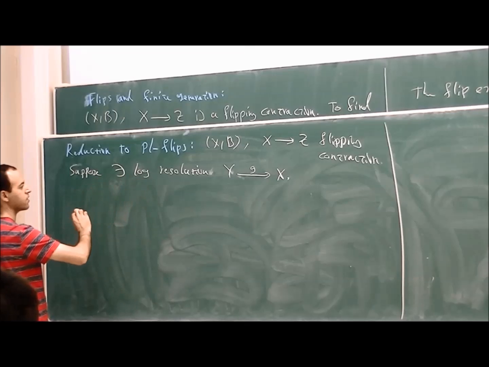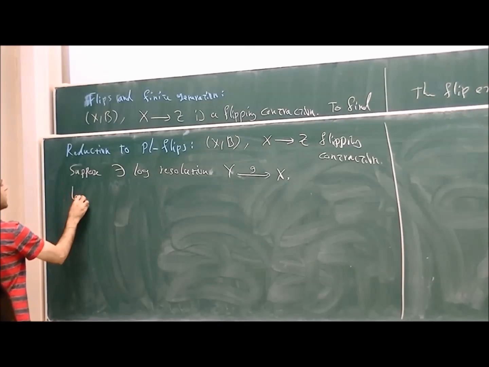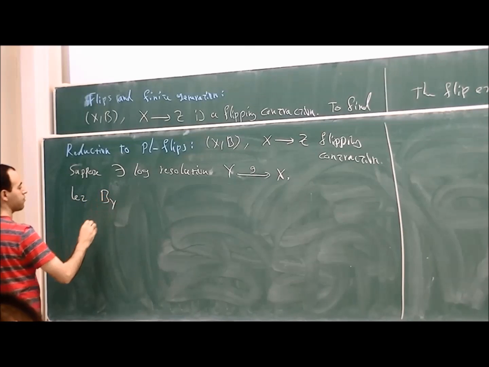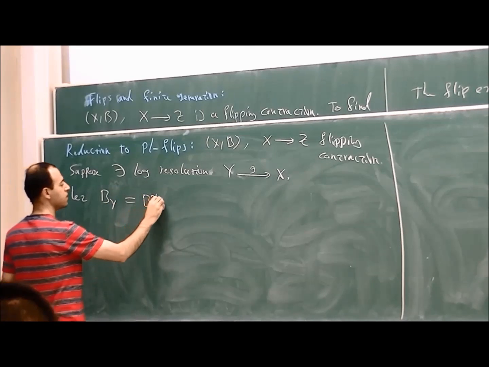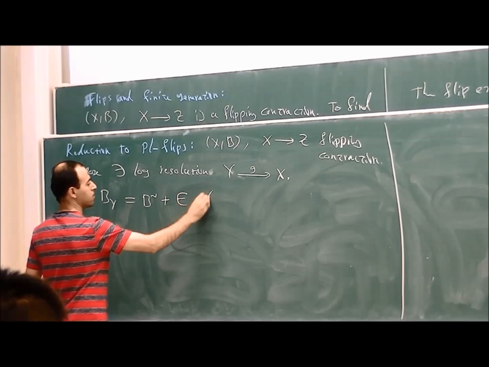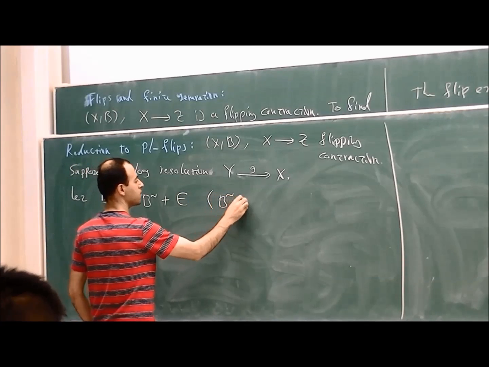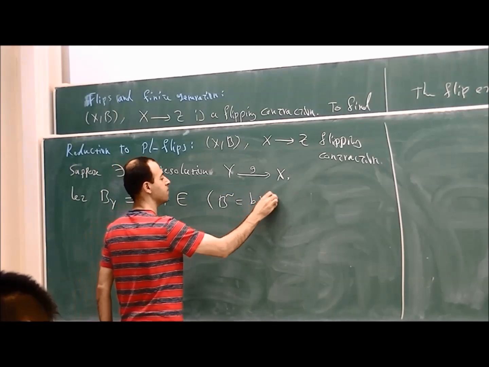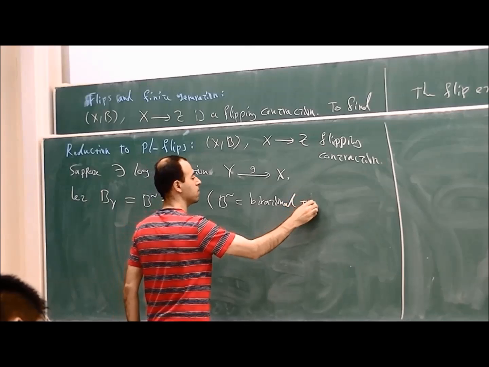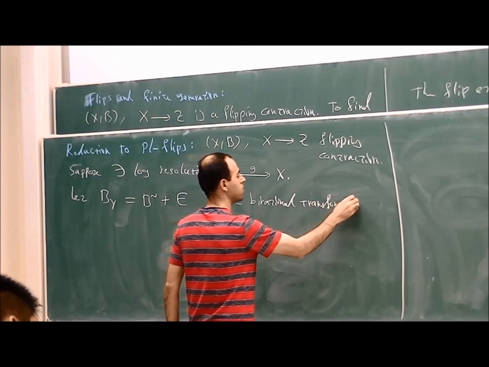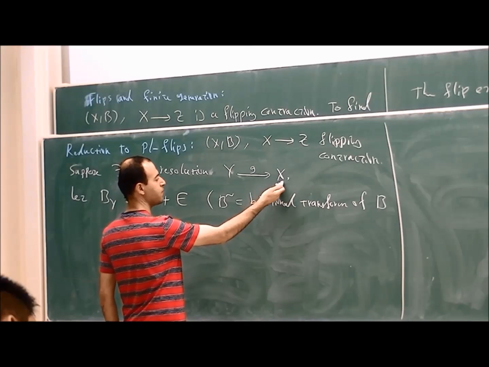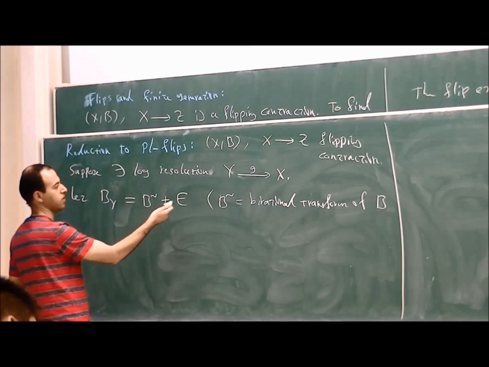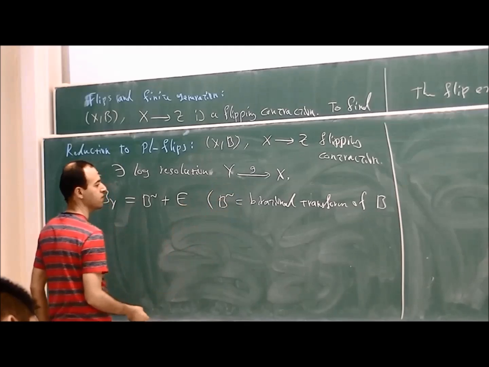Okay, suppose we have this object, and now let B_Y be B tilde plus E. Here the tilde is the birational transform of B. In other words, for every component of B, you just take the same component upstairs with the same coefficient.